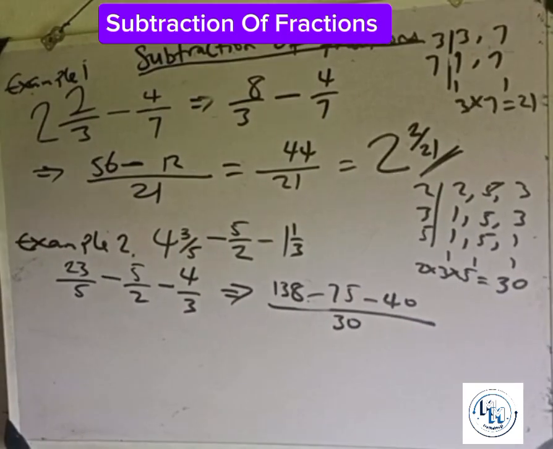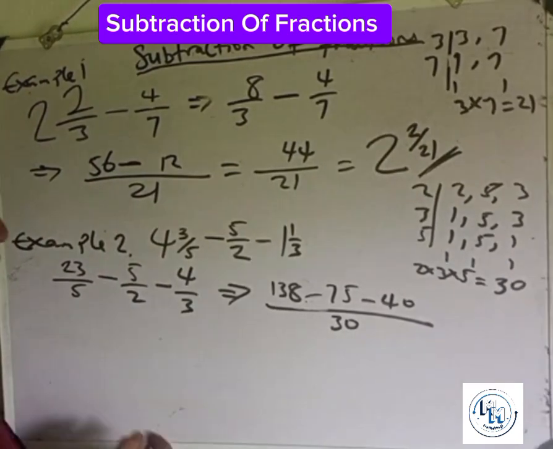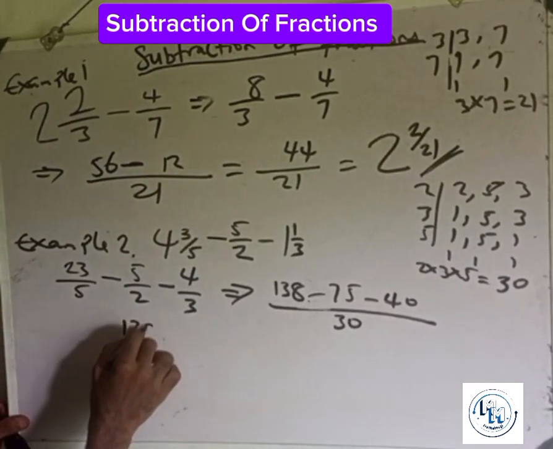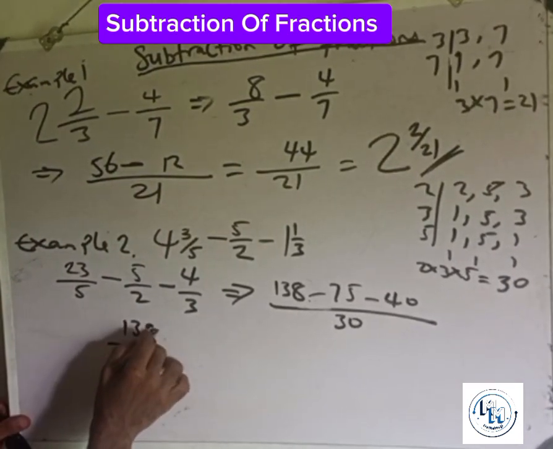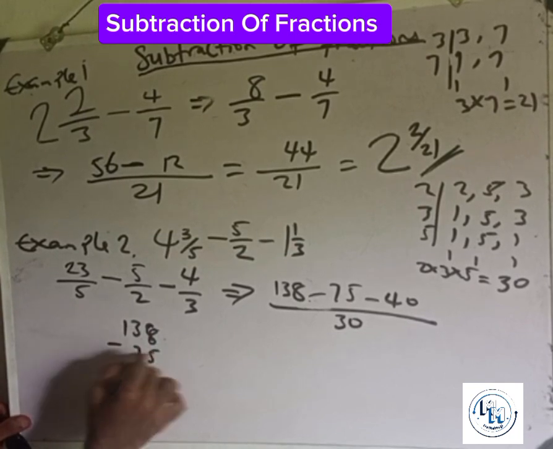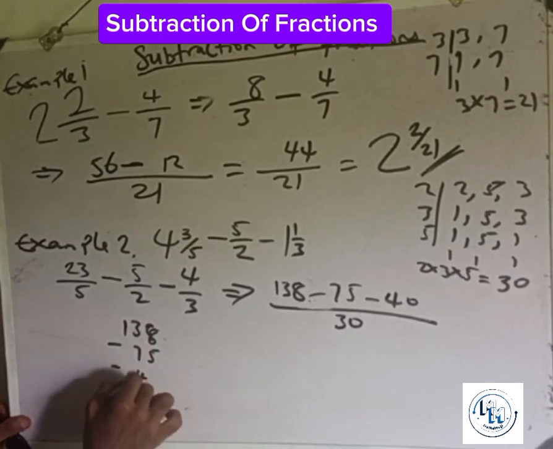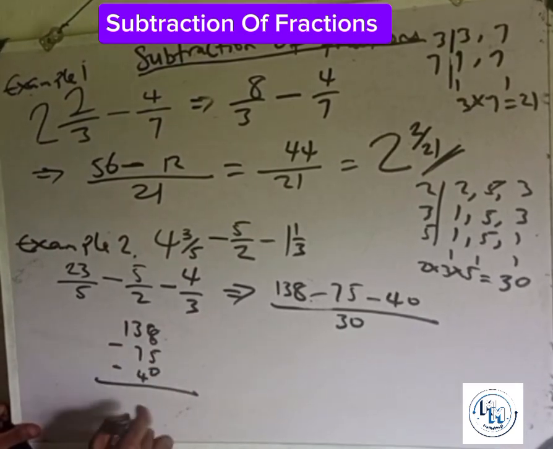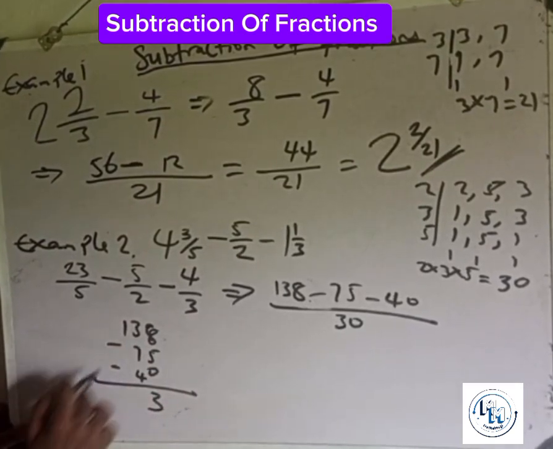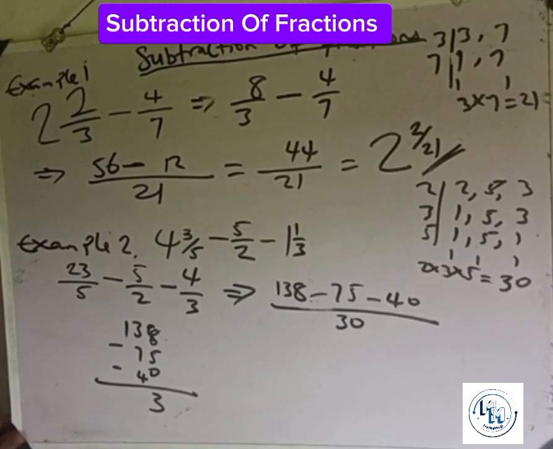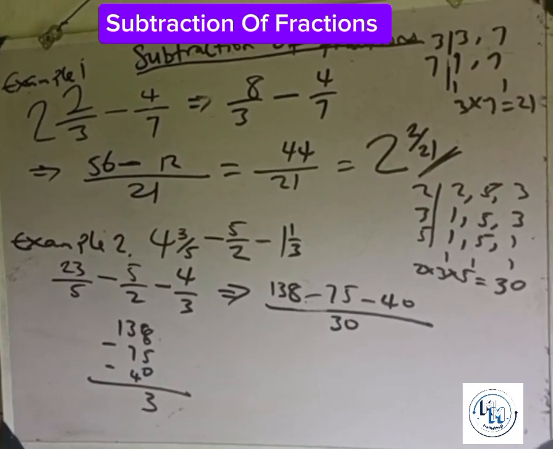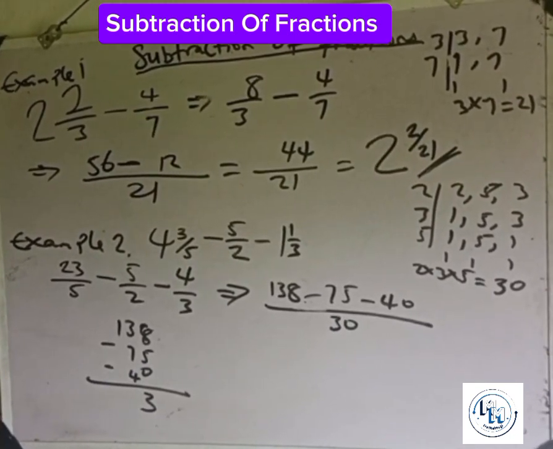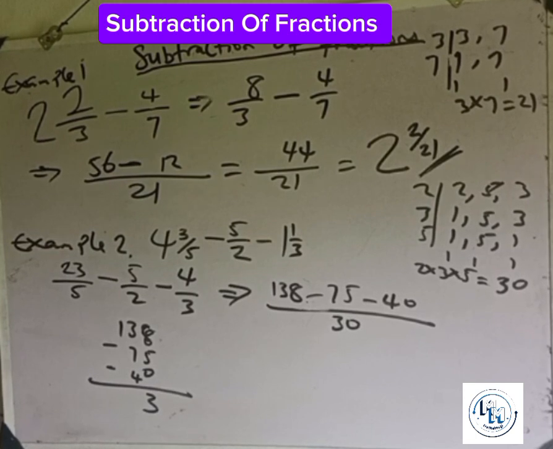Right. So now what do I have? I can say 138 minus 75 minus 40. What do we have? 8 minus 5 is 3. 3 minus 0 is still 3. 13 minus 7 will give me 6.